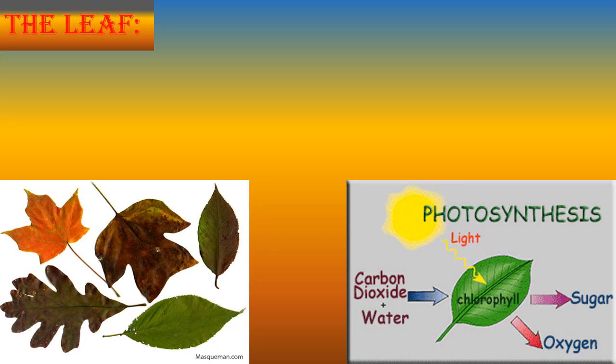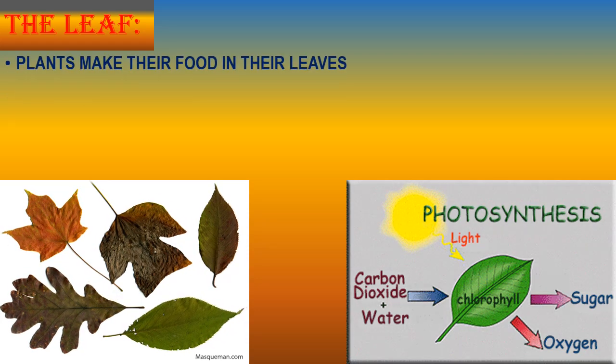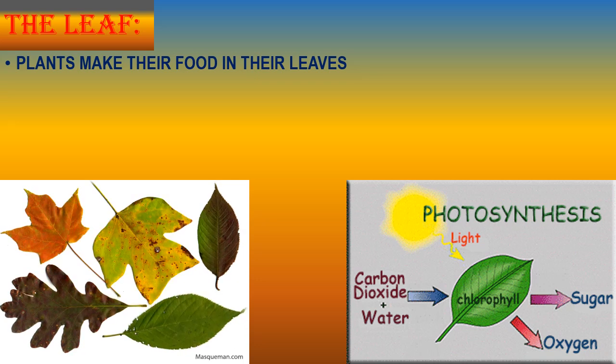As I have mentioned earlier, plants are the only living things that make their own food. Do you know? Plants make their food in their leaves. The process in which plants make their food is known as photosynthesis.